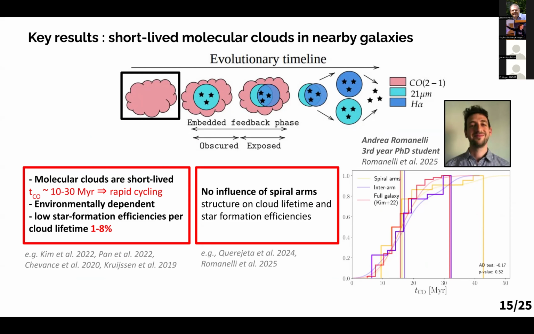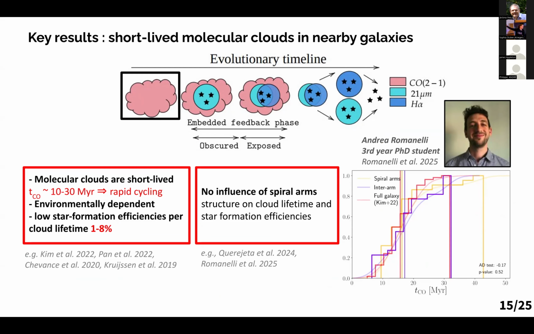But actually, except for an increased surface density in the spiral arms, we could not find a significant difference of the cloud lifetime and the star formation efficiency between inter-arm and spiral arm regions. So it was a recent result by Andrea Romanelli.